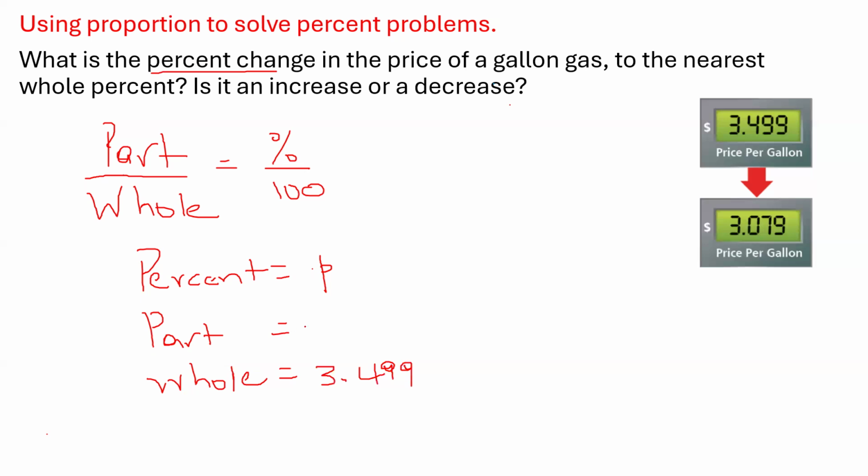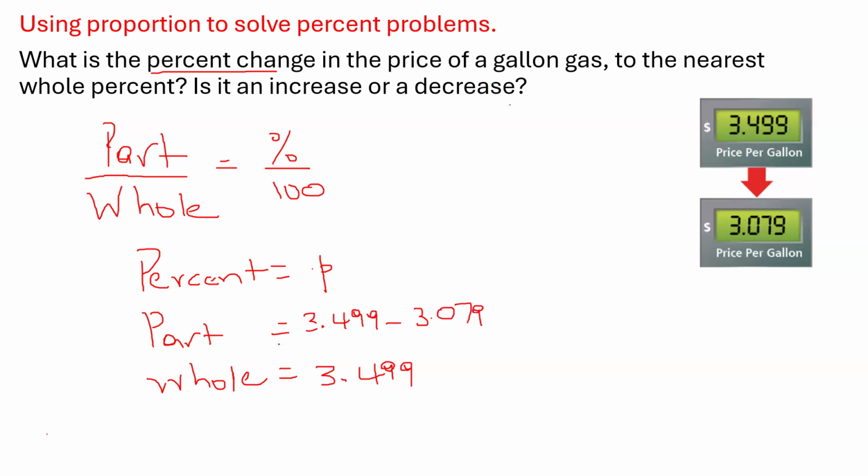And the part now, the part would be the difference between the two quantities, the difference between the original and the new price. So it would be 3.499 minus 3.079.